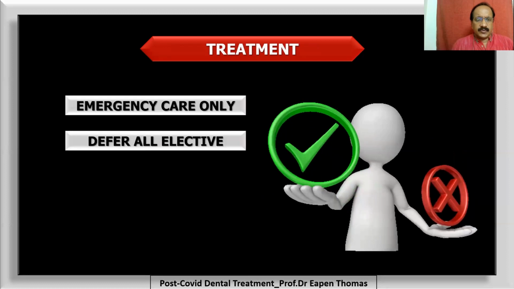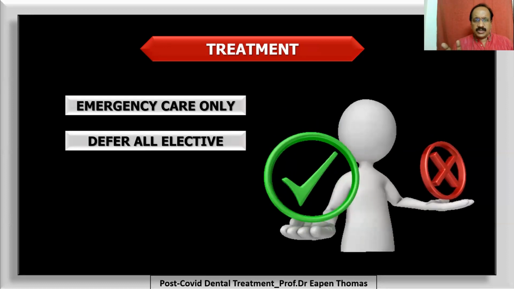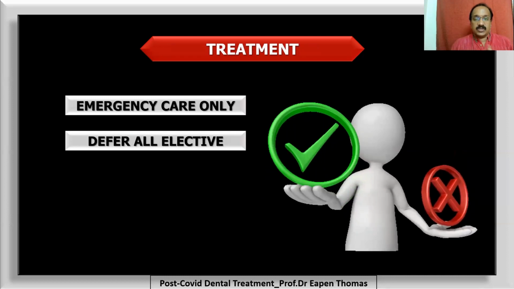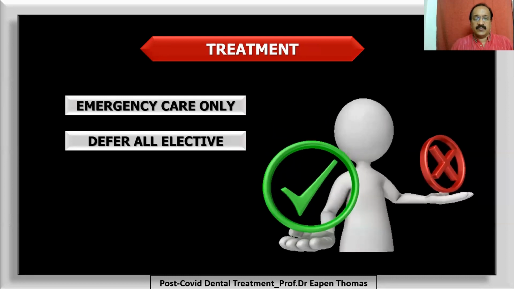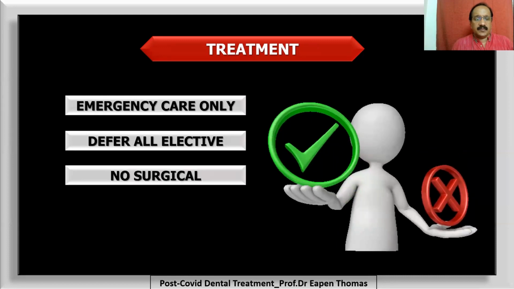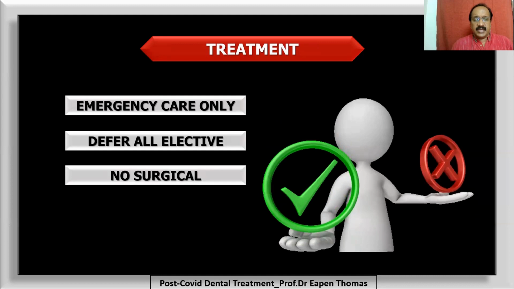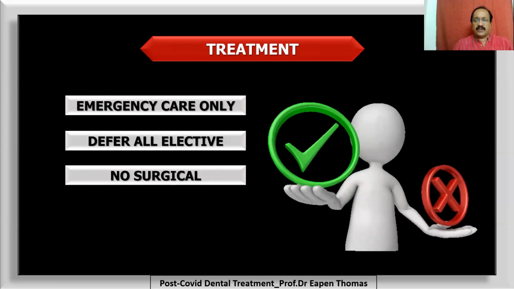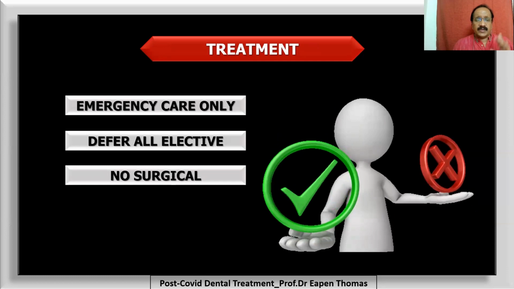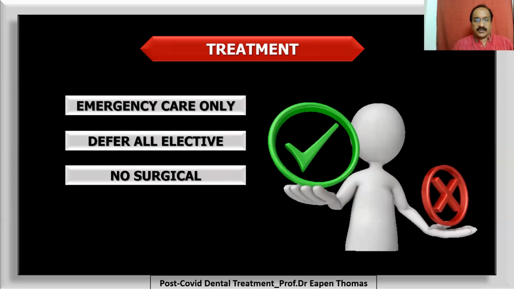Defer all elective procedures in such a COVID positive or COVID treated patient with vulnerable values or any features you have seen in the clinical examination. If it's positive and suspicious, defer all the elective activity. Do not take up that patient. Do not indulge in any sort of extractions or any other minor surgical procedures which can make things worse for that particular patient. That's about what to do as far as treatment is concerned.